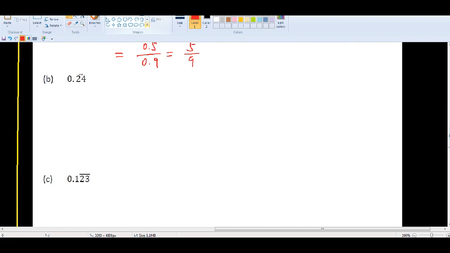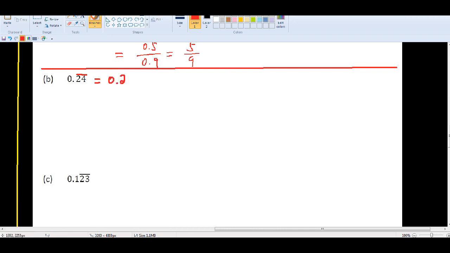Okay, let's think about the second one. We've got two dots. Sometimes it would be better if we just draw a bar over 24. That means 24 is recurring. Okay, 0.242424. Last time there was only one digit, but this time you've got two digits. Think about this.